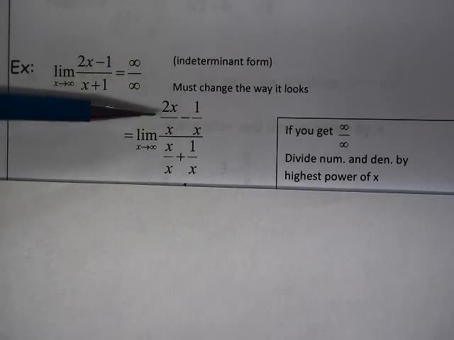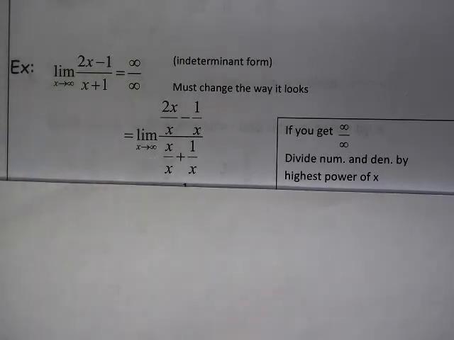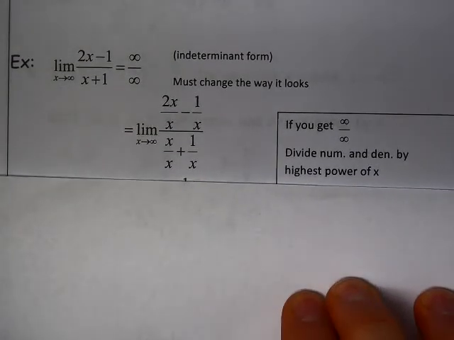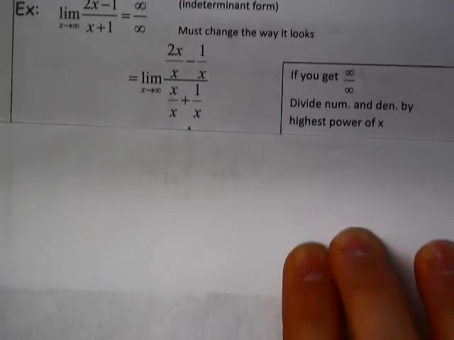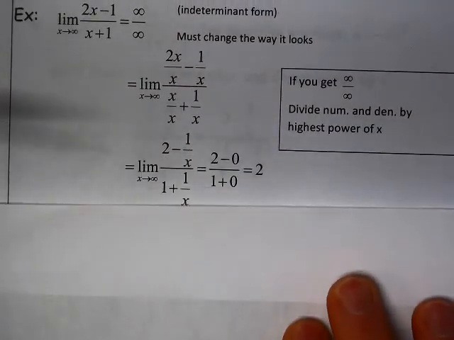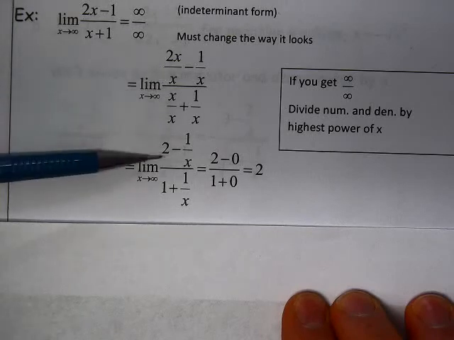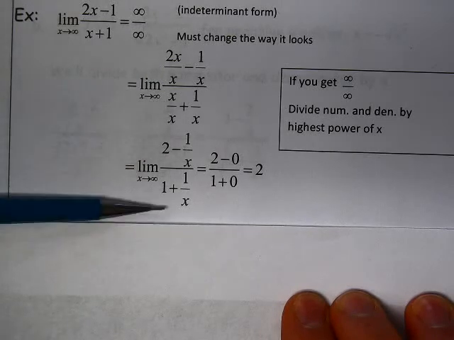In fact, you could think of this as multiplying the numerator by 1 over x, and multiplying the denominator by 1 over x. When we do that, you'll see we're going to get something that looks a lot more like the first problem we did up above. So when we divide everything by x, the 2x divided by x gives us a 2. The x divided by x gives us a 1.